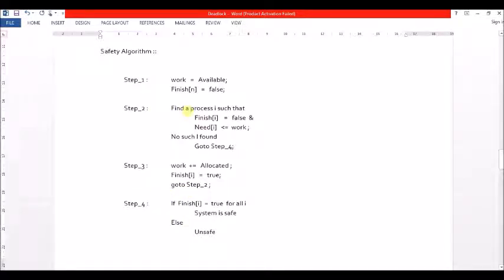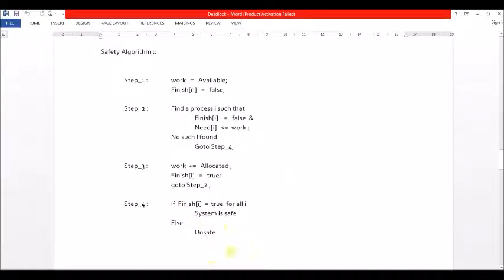But no, all customers' requests are successfully completed. So at that time, no such i is found. So we go to step 4 and check whether all requests are successfully completed or not. If all the requests are successfully completed, then the system is safe, else the system is unsafe.